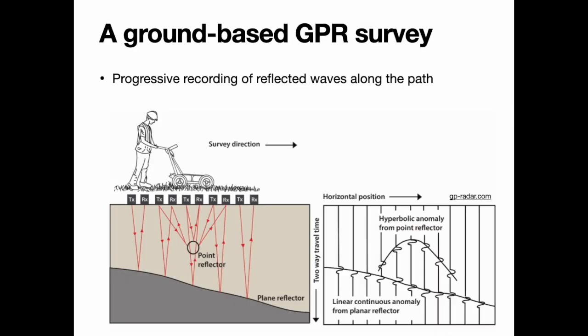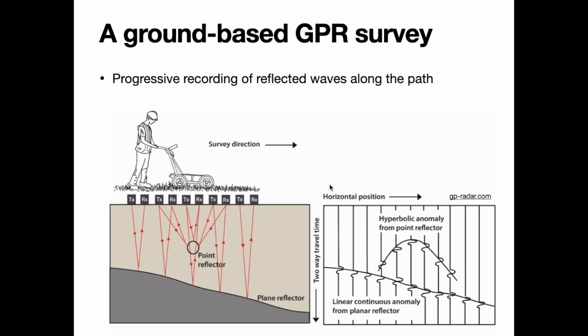So now what happens? If someone is walking, then the distance x will vary, so the horizontal position will vary, and the waves will keep on being emitted and transmitted.